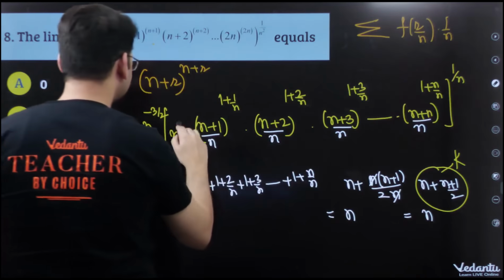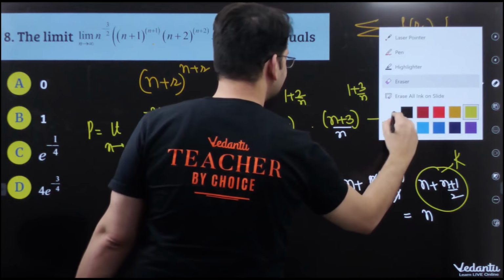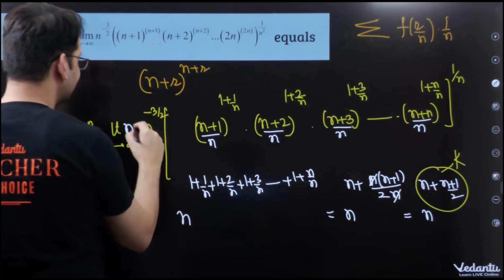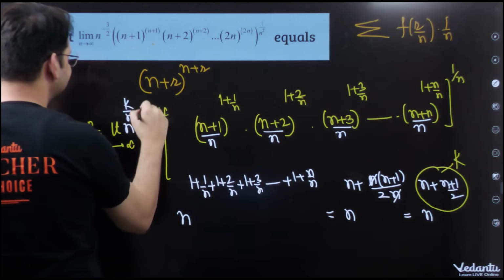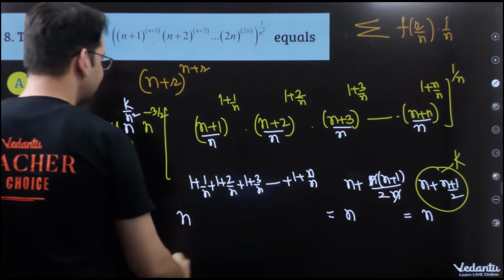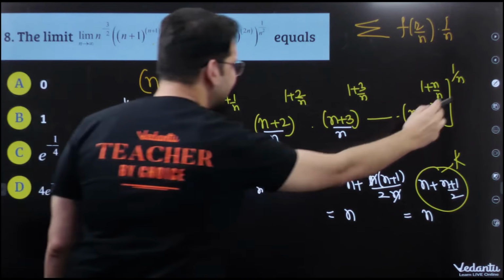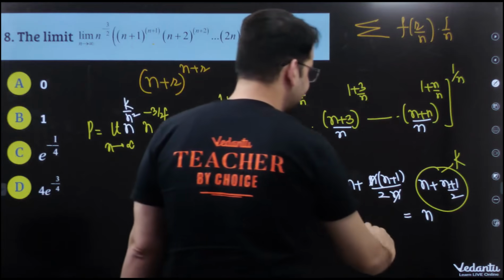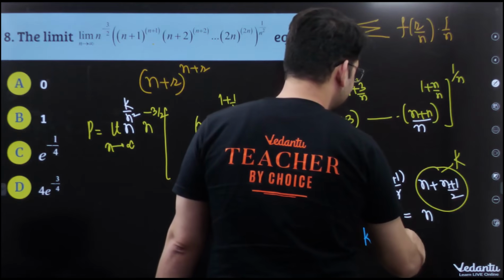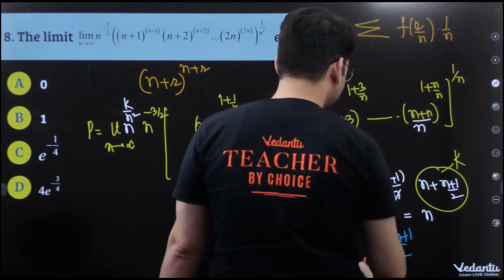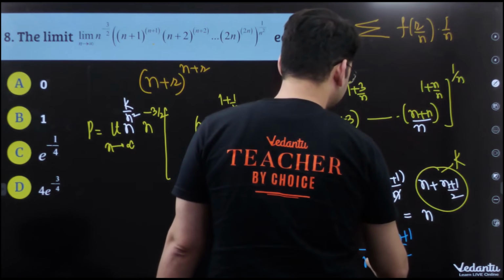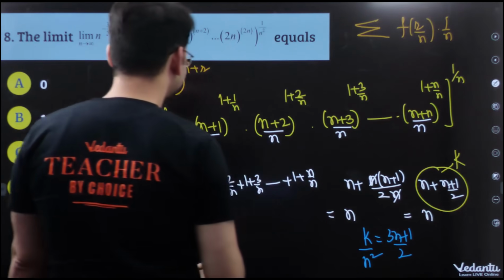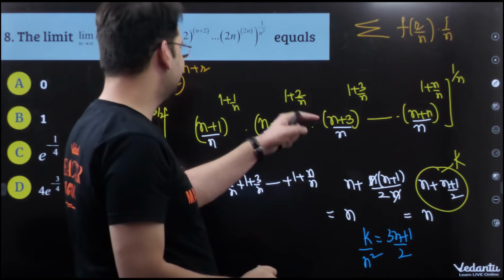So it will be n to the power k by n square. Now this is correct, and k is this. So what is k by n square? Let me calculate k by n square. So k is 3n plus 1 by 2. So k by n square. Right, so one second.